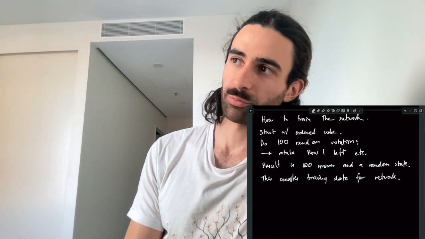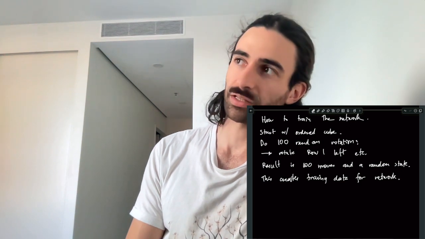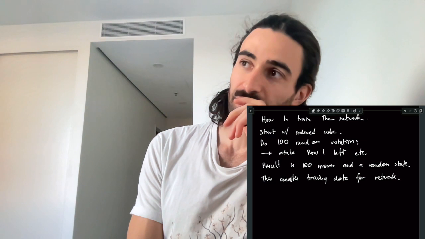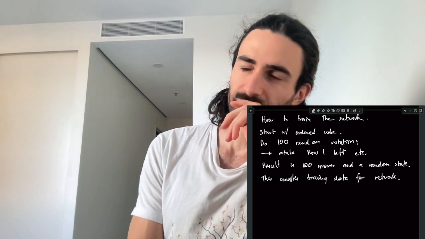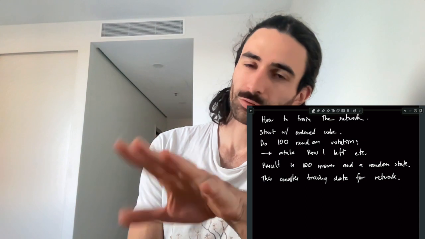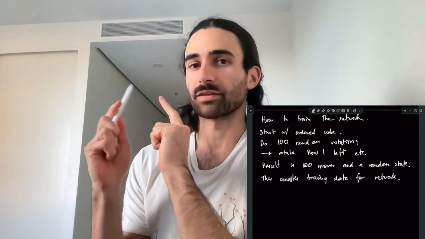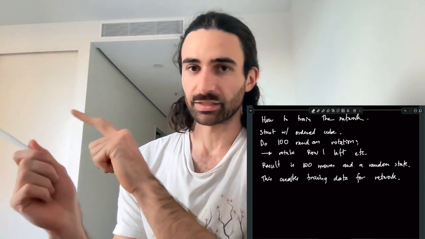Once we have the training data, all we need to do is create a data set where we say, given this state of the cube, which will be that notation, whether it's a 54-digit string or however the notation works for the state of the cube, and then the corresponding move that it needs to take. Move or moves.